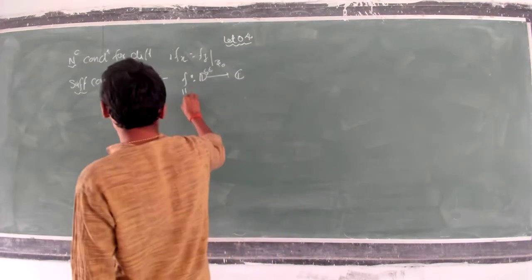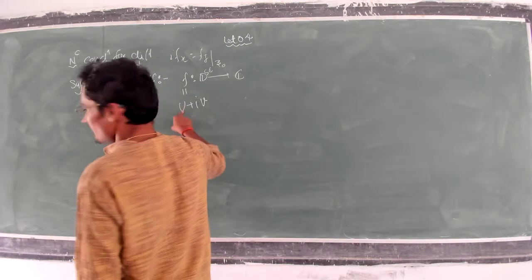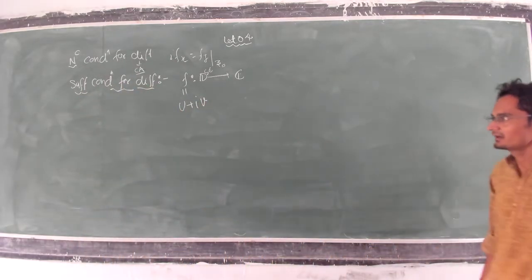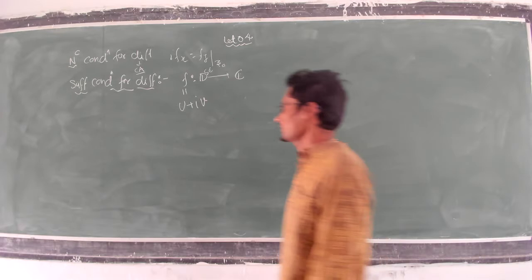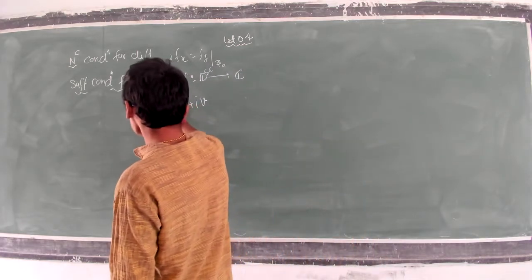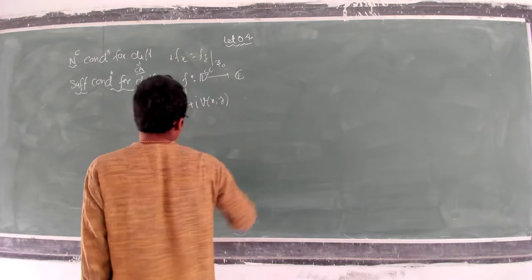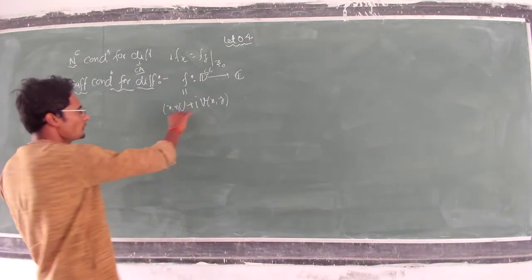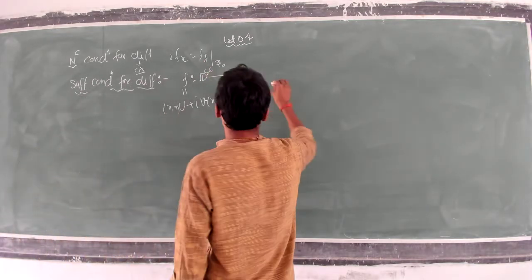This function can be written as u plus iota v, where u is the real part of the function and v is the imaginary part, with z equal to x plus iota y. So u will be a function of x comma y, and v also will be a function of x comma y, right? Whenever you have u and v, the first condition you have to check is this.